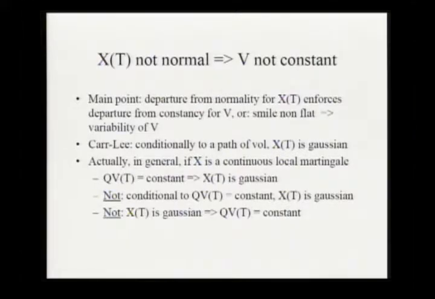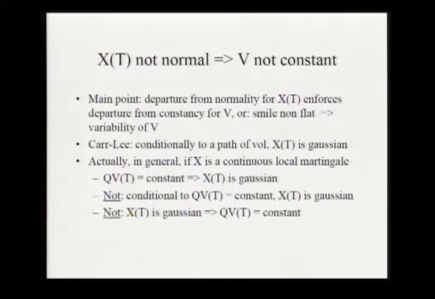Dambis-Dubins-Schwarz result that a continuous martingale can be seen as a time-changed Brownian motion, and actually the time change will be the realized variance, the quadratic variation of the martingale. So let's try to go through the reasoning here.